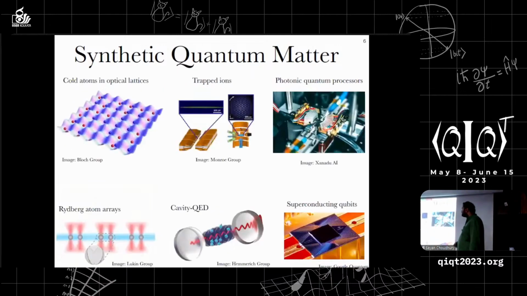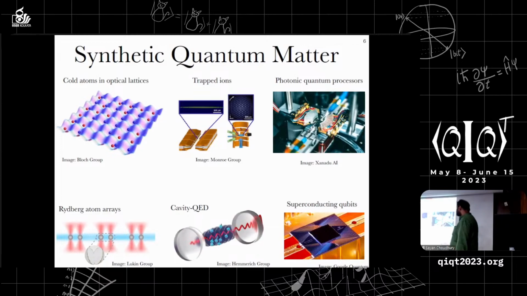Okay, so there are quite a few platforms that have now been developed where one can realize these different kinds of synthetic quantum matter. These include cold atoms in optical lattices, trapped ions, photonic quantum processors, Rydberg atom arrays, or cavity quantum electrodynamic systems where you have atoms put in a cavity where the photons mediate interactions, and superconducting qubits.